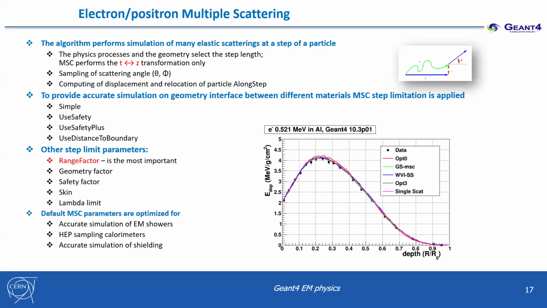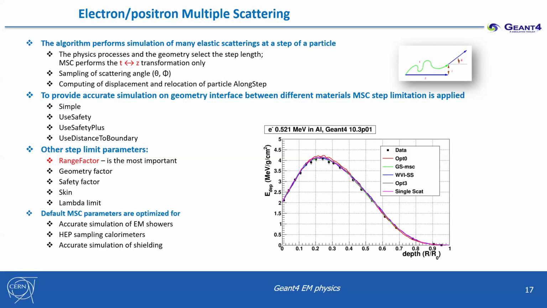If we speak also in the condensed history approach about multiple scattering, we take into account multiple scattering at a step. The most significant effect comes to electron and positron transport. Let's look into the plot.